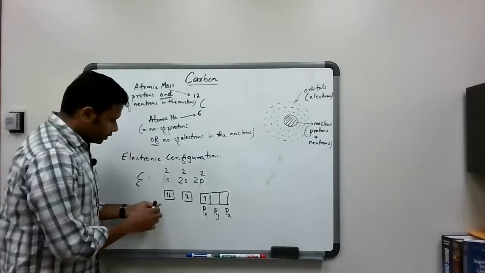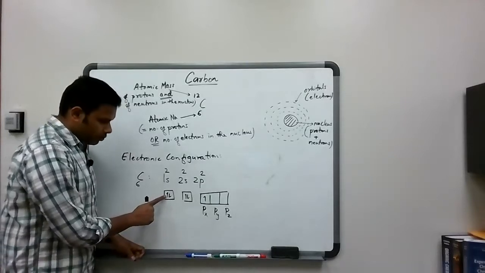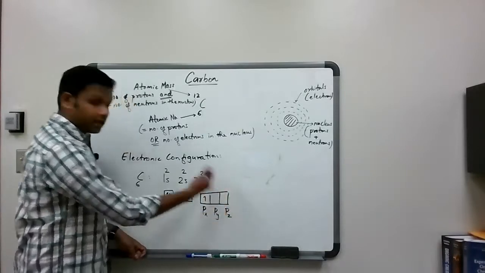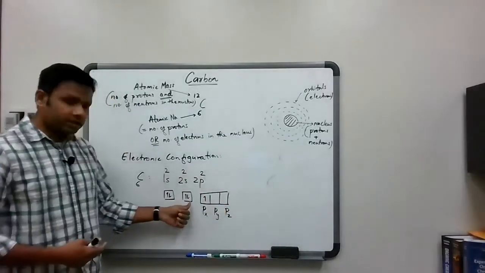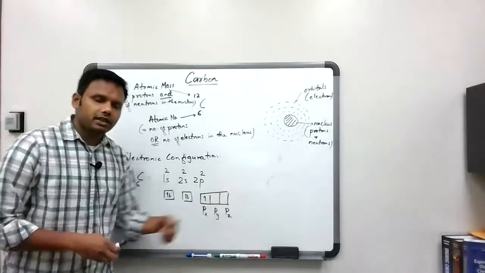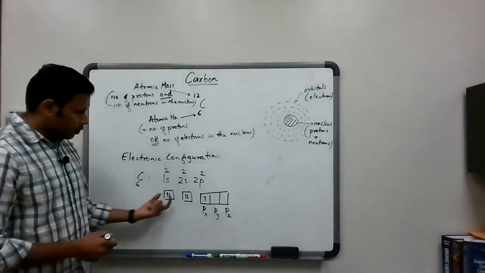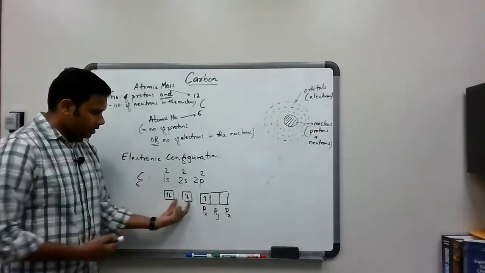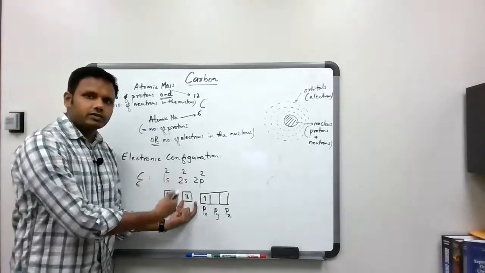Now, we cannot singly occupy 1s, 2s, 2px, 2py, 2pz, and then come back and fill the 1s and the 2s again, because these are of increasing energy. The 1s orbital has the lowest energy, so you have to fill it completely. And then the 2s is the next one, you have to fill it completely.